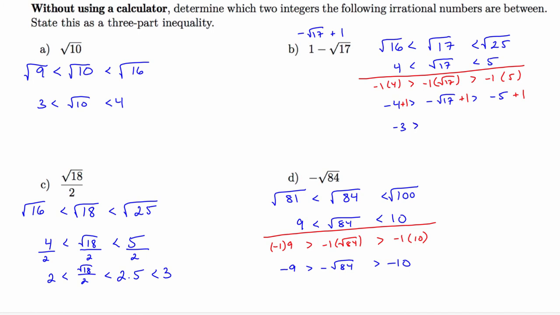Negative root 17 plus 1 is 1 minus root 17. And negative 5 plus 1 is negative 4. So through several steps of work, by starting with the radicand and pinning it between two integers, taking into account we're actually dealing with a negative root, and we really wanted one more than that negative root, I have now identified that 1 minus root 17 will be somewhere between negative 3 and negative 4.